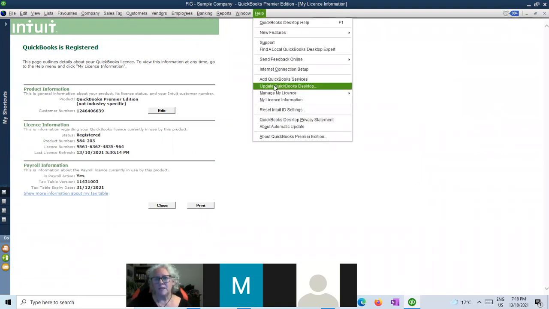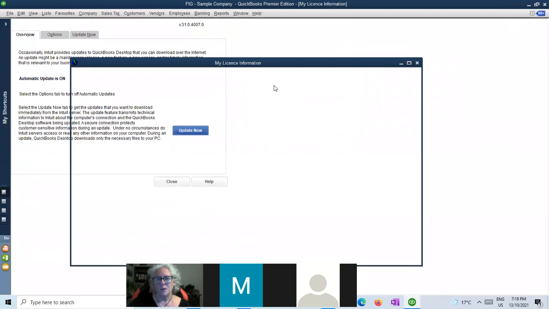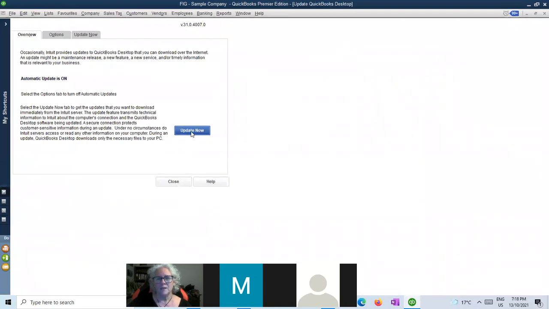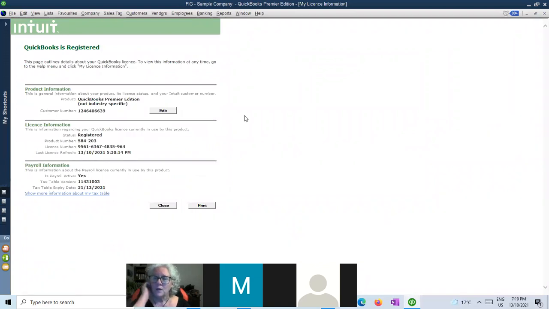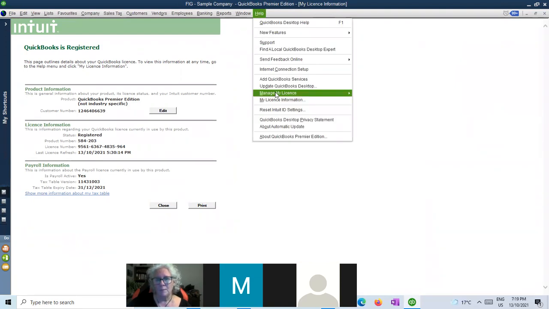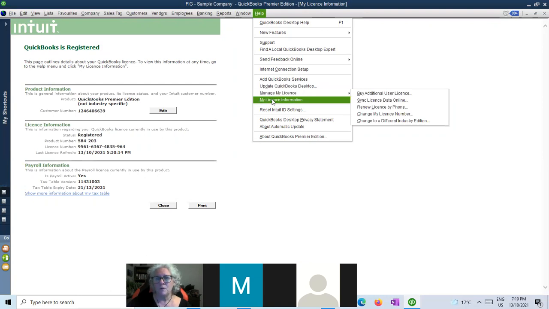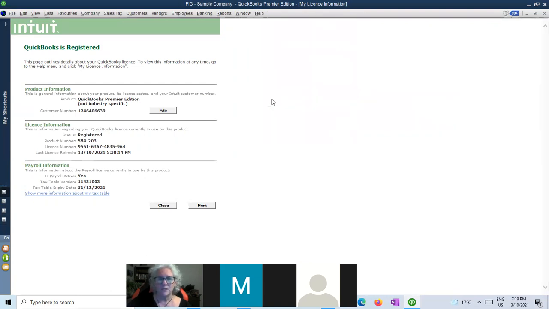So update QuickBooks Desktop, and you want to update this here, and it'll download your next payroll table for January. And you want to do that prior to your first payroll in January and prior to your first payroll in July.